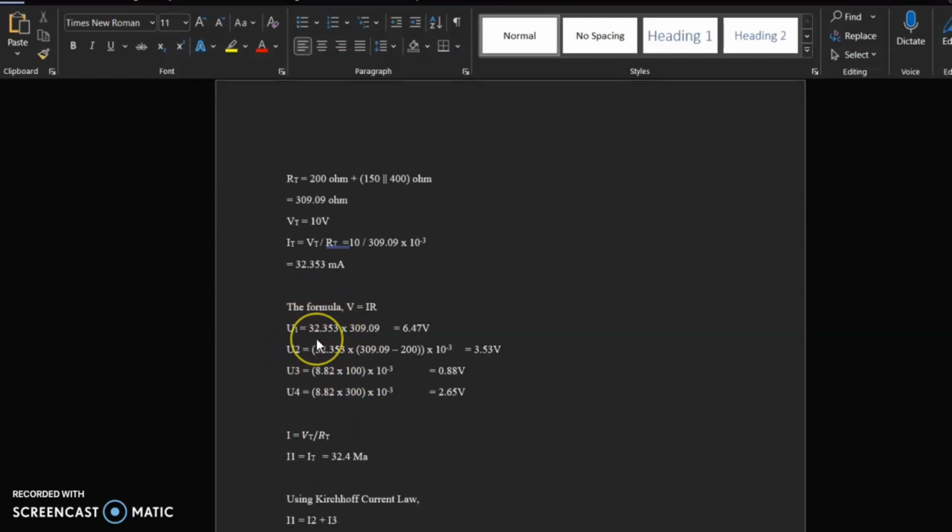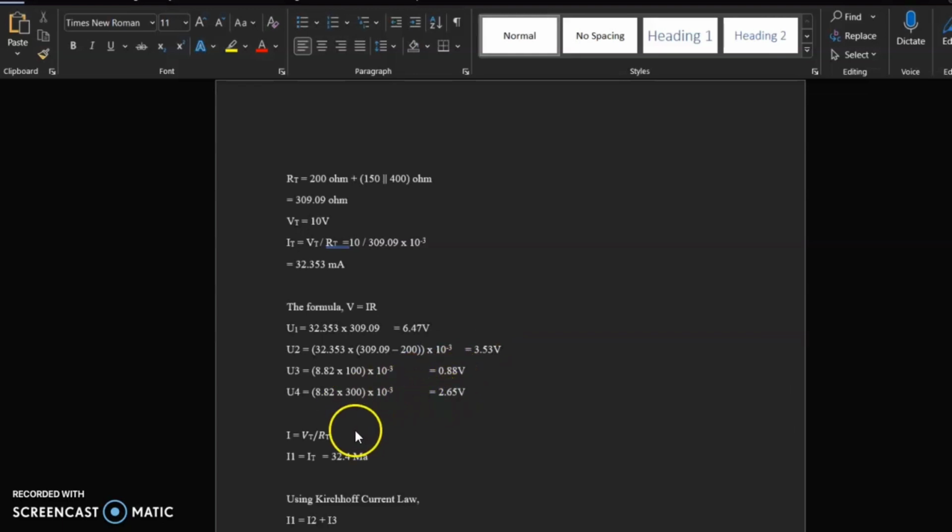So to find the voltage of each resistor, I use the formula V equals IR. For the voltage on resistor 1, I got 6.47 volts. For resistor 2, 3.53 volts. For resistor 3, 0.88 volt.